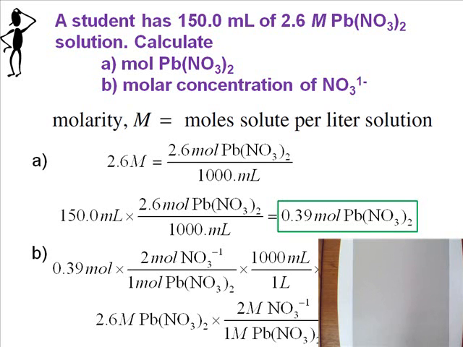So let's go through that again. Part B allows us to figure out the molarity that we have of the nitrate, and we now take 2.6 molarity of the lead nitrate and convert it then to the actual amount that we would have present in the solution.